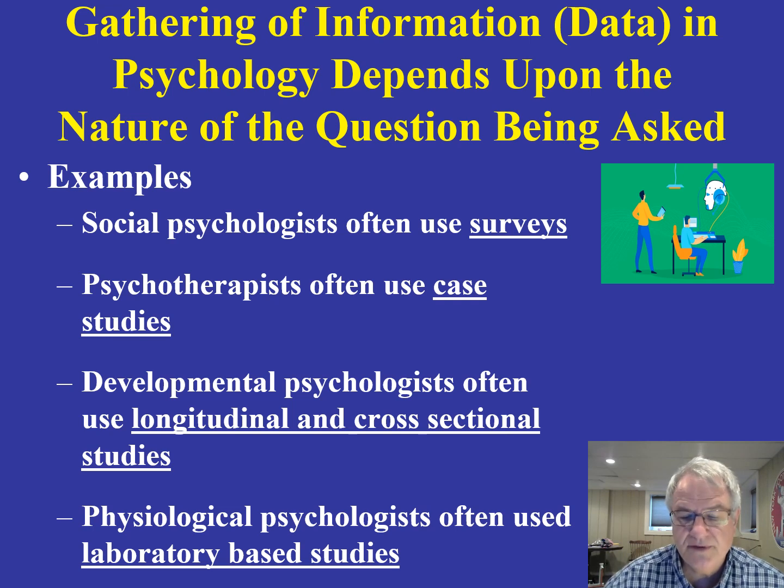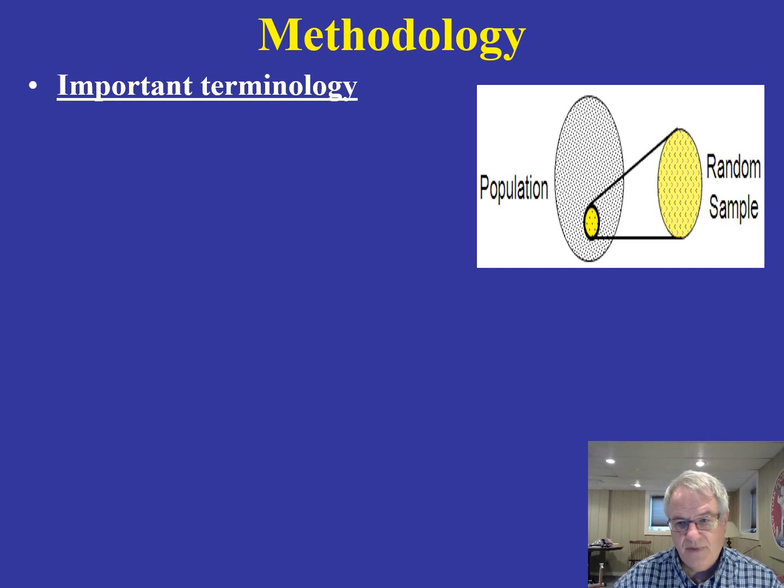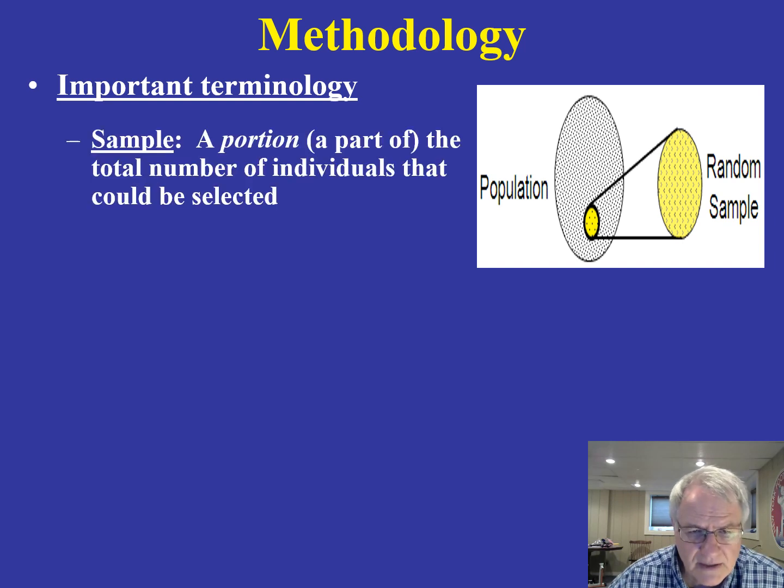My goal is to give you a little bit of experience with the major data gathering techniques that we have in psychology, and to tell you their strengths and to tell you about their weaknesses. But there's some important methodology and terminology that we have to first understand. For example, when we talk about a sample, a sample is a portion of the total number of individuals that we can select for an experiment.